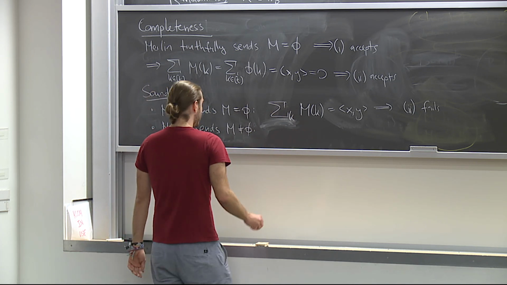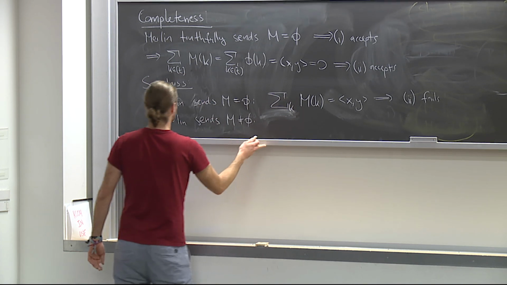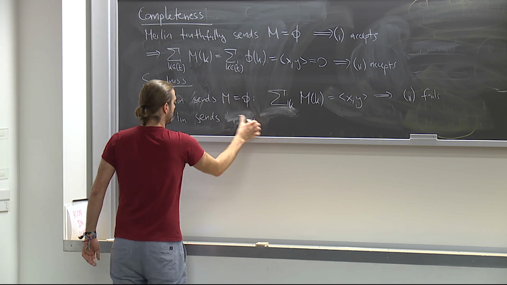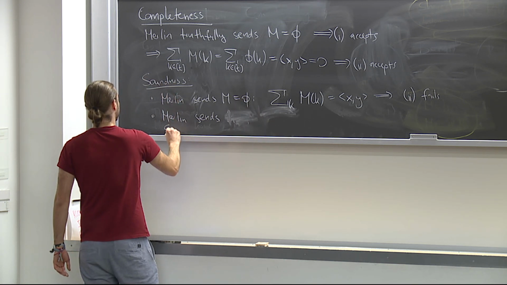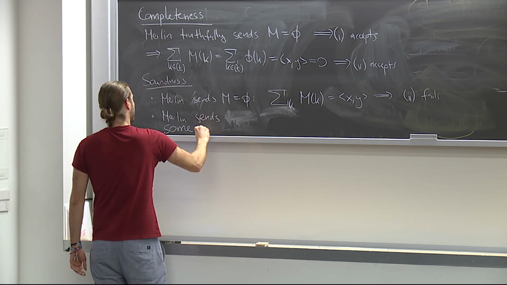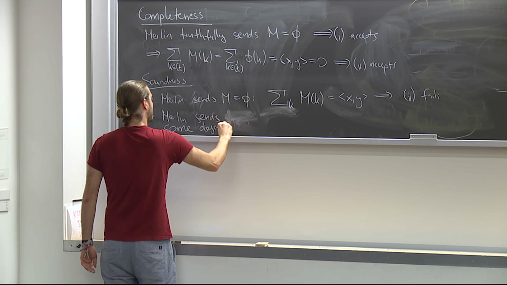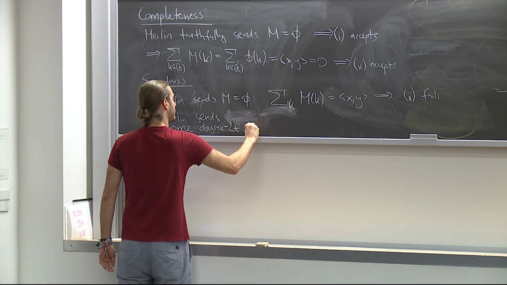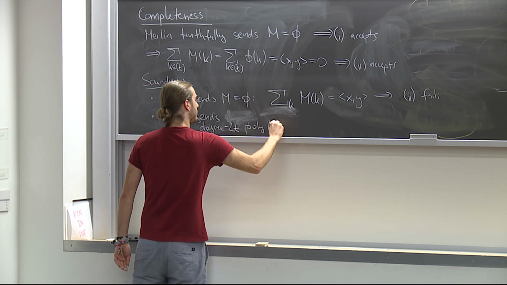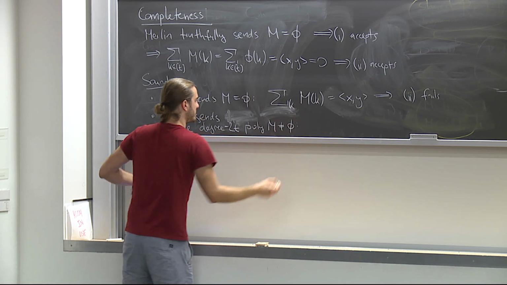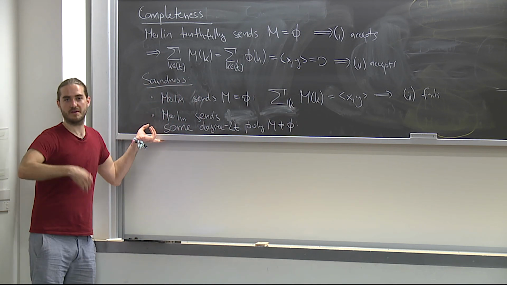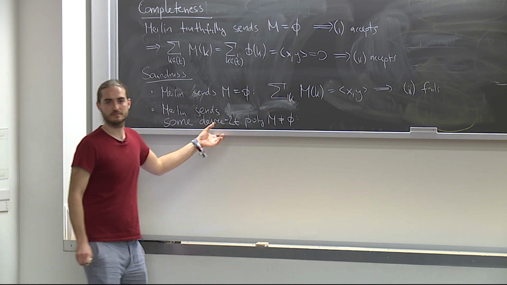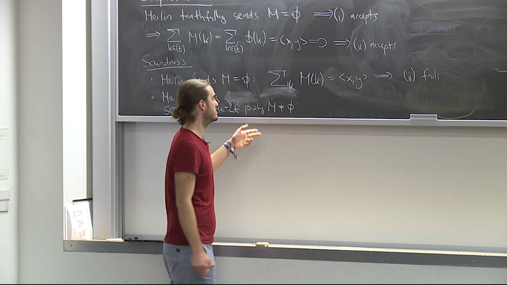Well, but in this case, let me write it down. Merlin sends some degree at most 2t polynomial. Same argument as before. If he sends a polynomial with higher degree, we anyways reject, because phi would have degree 2t, right?